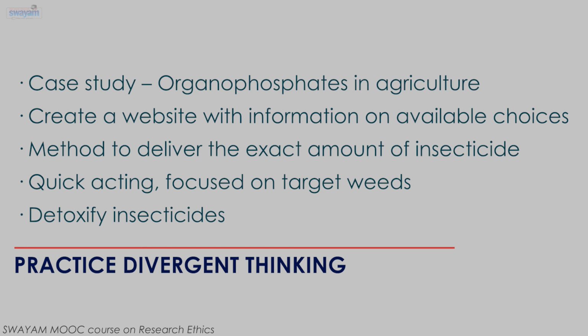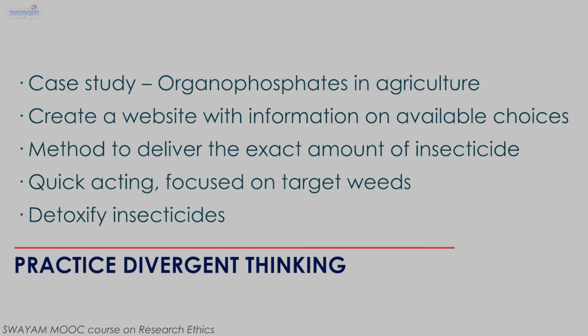So in the case of organophosphates that we had, we made a list. We wanted to create a website with information on the ideal pesticide or insecticide and have a mechanism for pre-calculated portions of this compound to be used, or invent a process for a pesticide which is used immediately and kills the target pests.